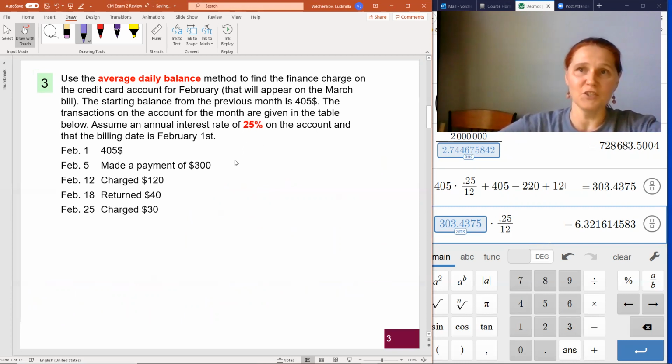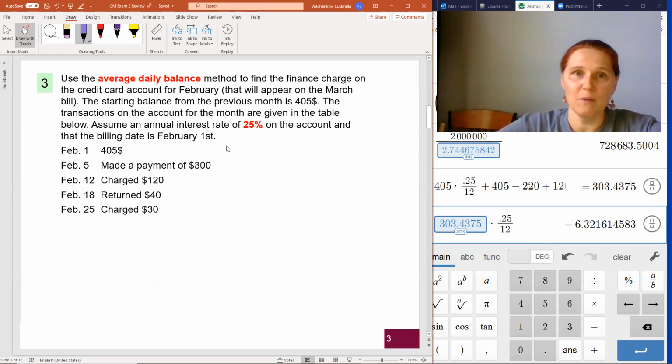So in the average daily method, we care about every day. In the previous method, we did not care about the dates of the adjustments. Now we will look at every date, and we will calculate the balance for every day, so to say.